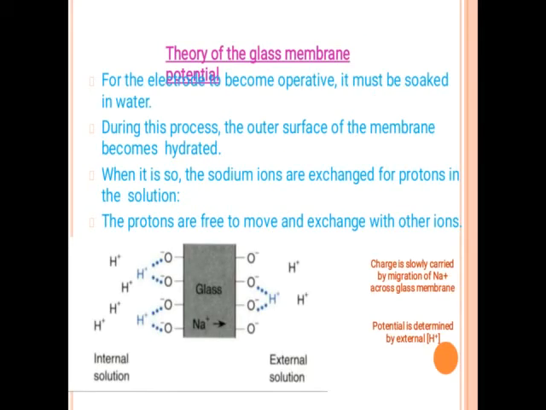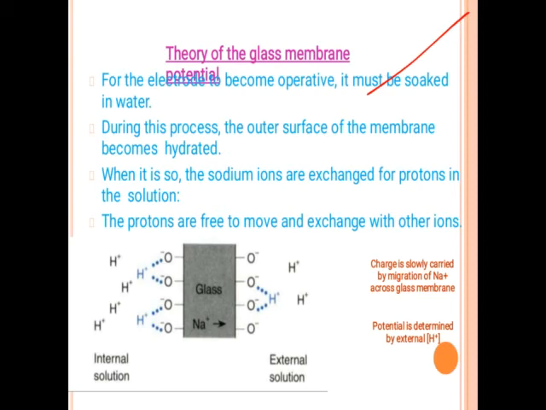What is the actual theory behind the glass membrane potential? First, for the operation of the electrode, it must be kept for some time in the water. That means it must be soaked in the water.